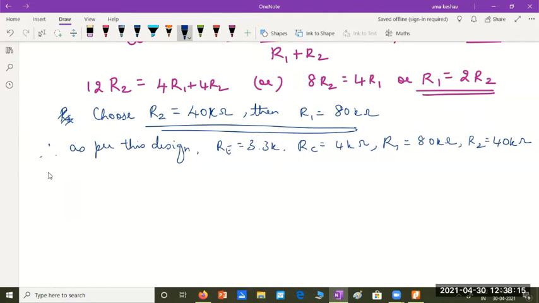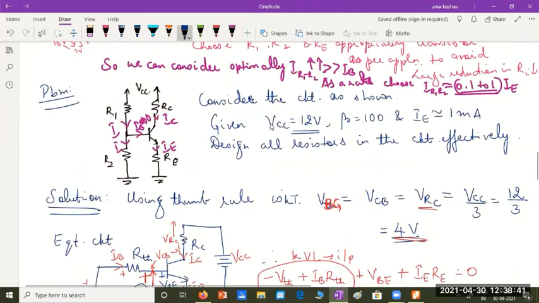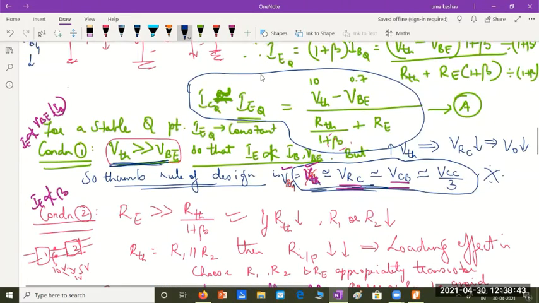But one more thing we can do is verify whether we are getting the required emitter current after designing for all the resistors. Verify if required IE is obtained. How would I do that? What is the equation for IE? We wrote it here when we did the design.